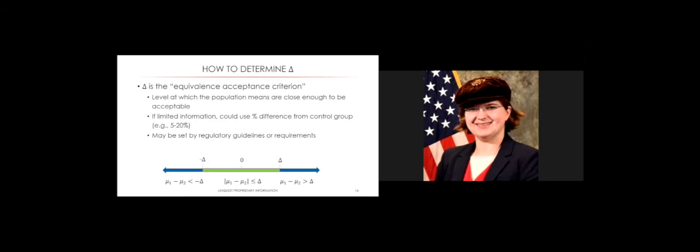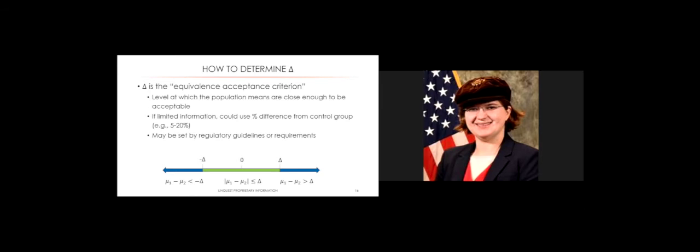If there's such limited information, a common technique is to consider the 2 means equivalent if they're within some percent difference from, say, your control group or group 1. A couple of papers I read said 5 to 20%. The 20% seems quite high to me, but again, it's very subject dependent.